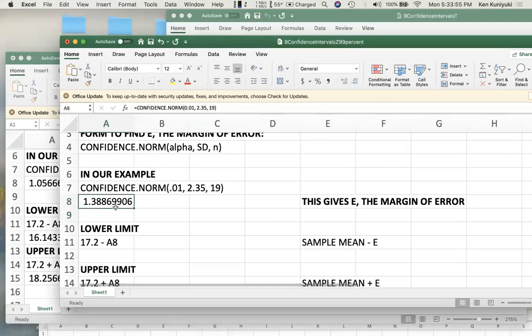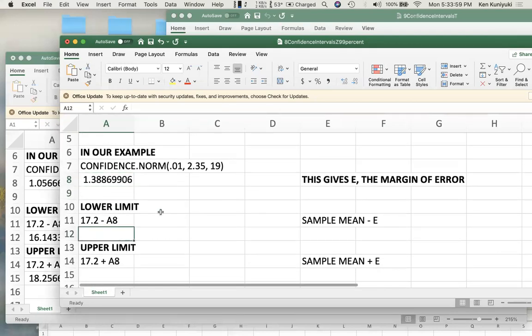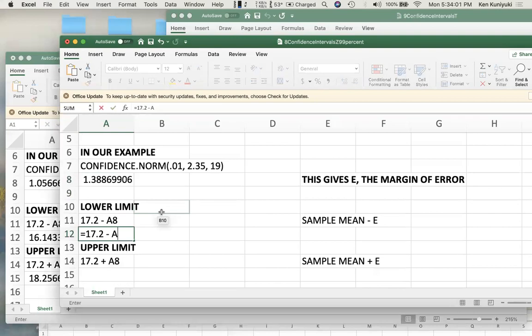So this rounds off to 1.4, or you could round it up. To get the lower limit, you take the sample mean minus E. For the upper limit, it is the sample mean plus E, the margin of error.